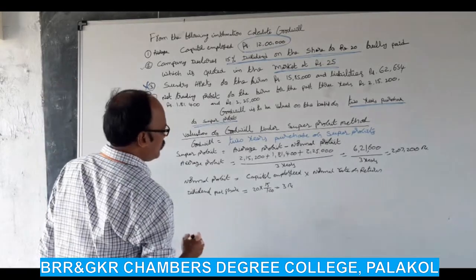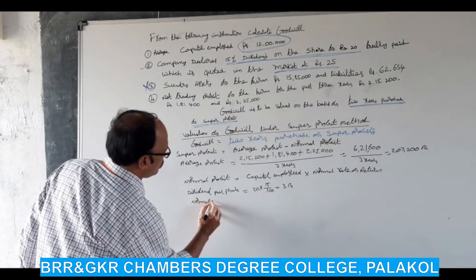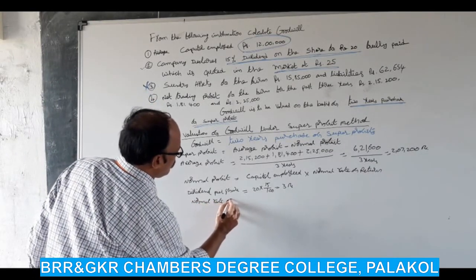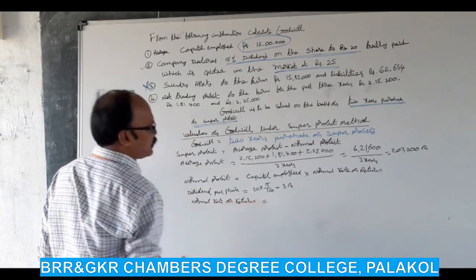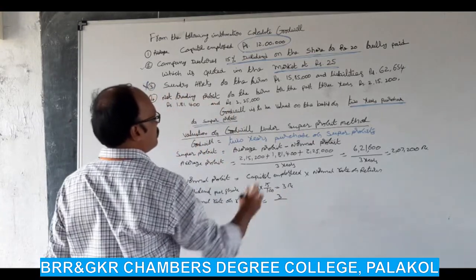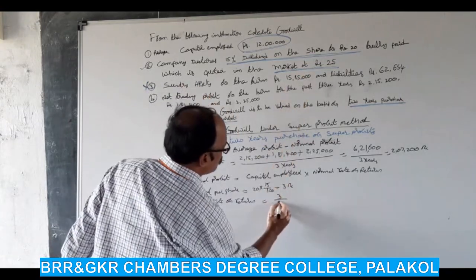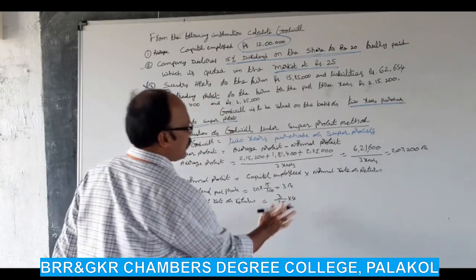Then normal rate of return is equal to dividend 3 rupees by market price 25, into 100.